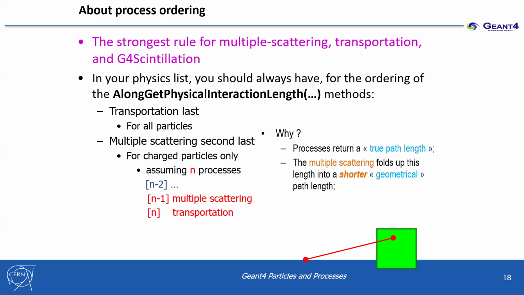Here is a green box. So we decide that it is not what we have to do. We decide that our step should be shorter and should stop at the boundary.